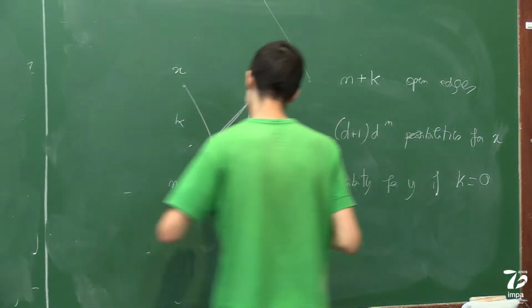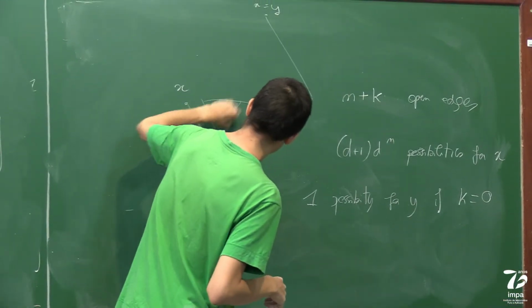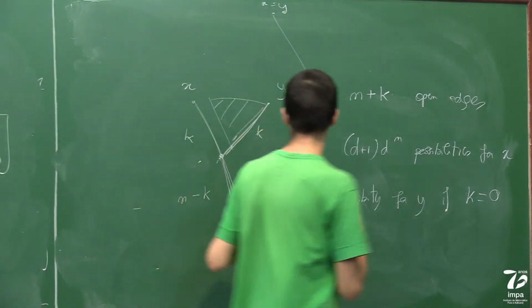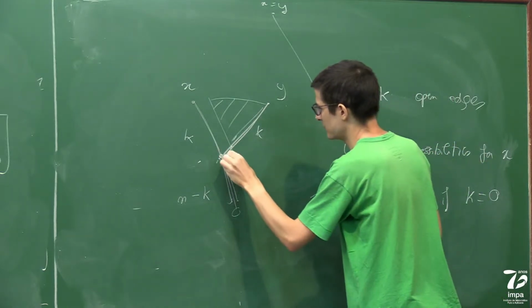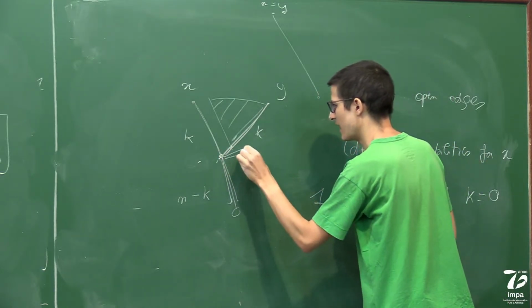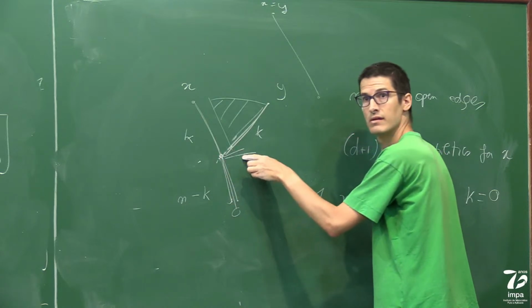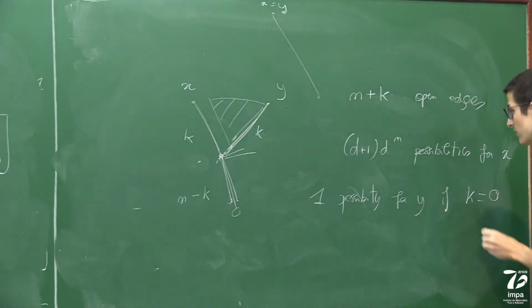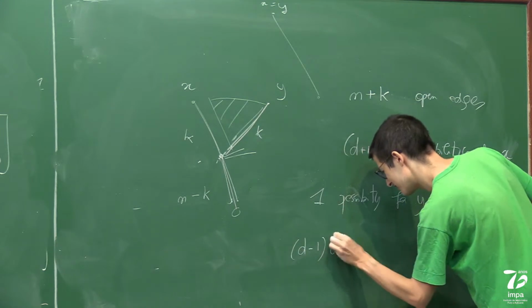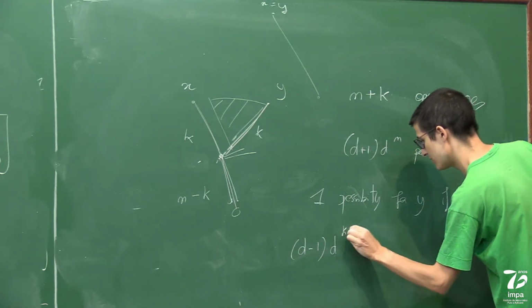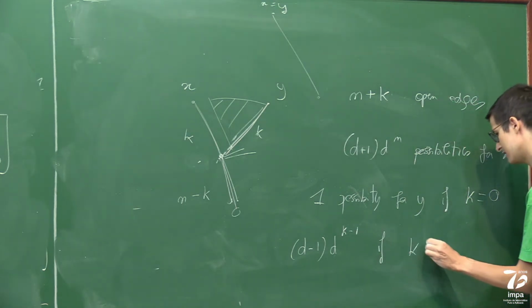And if not, basically, I have to count the number of vertices that I have in this subtree, which is of height k, in these subtrees. Because here I have d minus 1 branches going out. So d minus 1 times d to the k minus 1, if k is larger than 1.